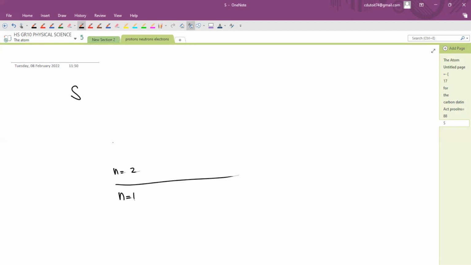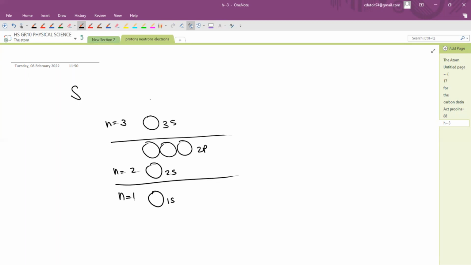Quickly make a drawing of that. See if you can fill in. Get sulfur's atomic number and fill in. And I have to show you one thing and then we're finished.